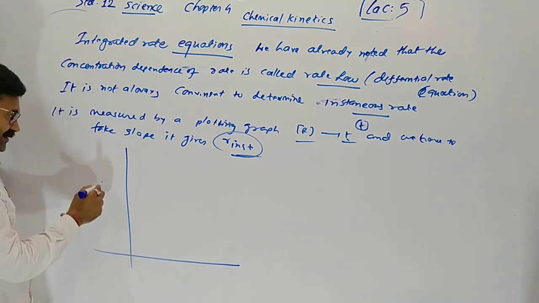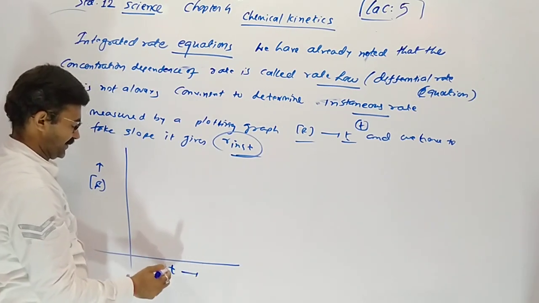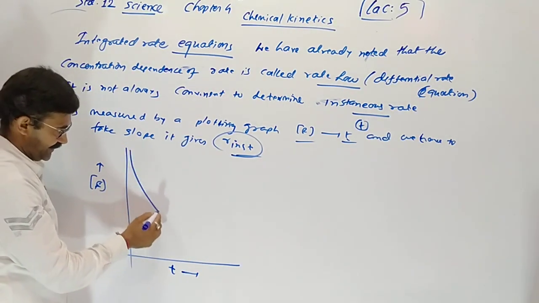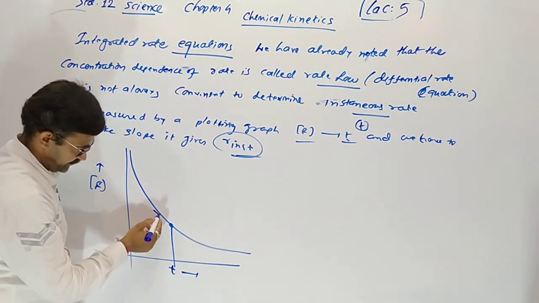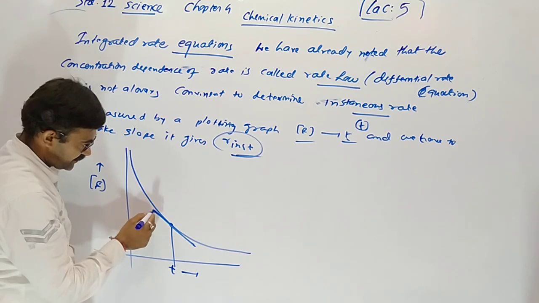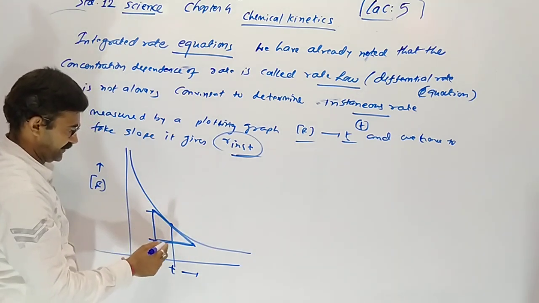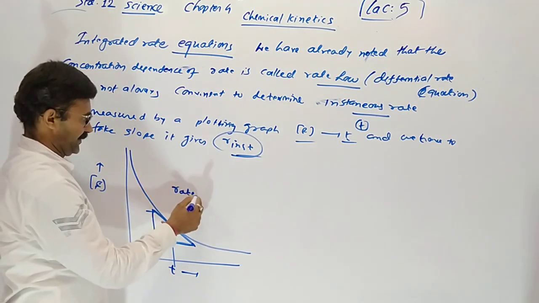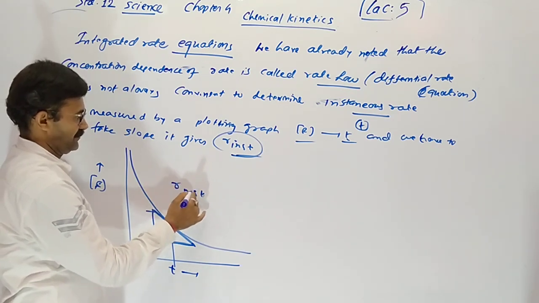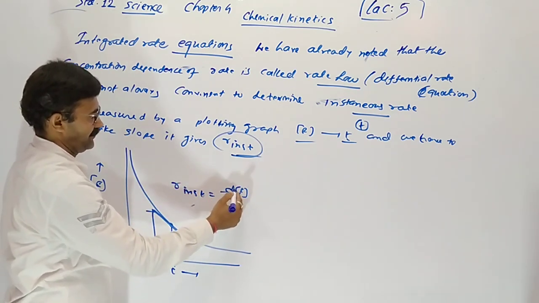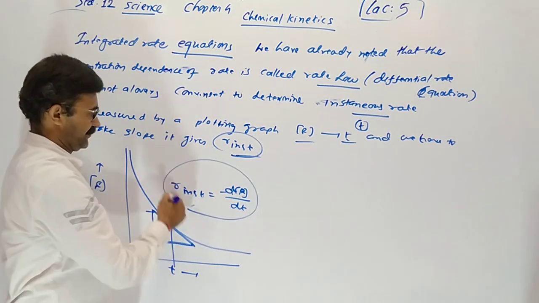So concentration decreases with time. We have to take a particular point, then a tangent to the graph, and by this we can derive the instantaneous rate of reaction. This is the derivative form, the differential rate equation.